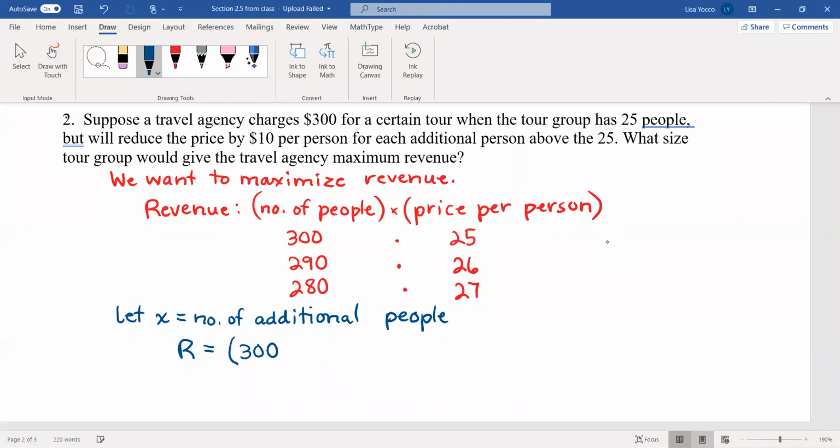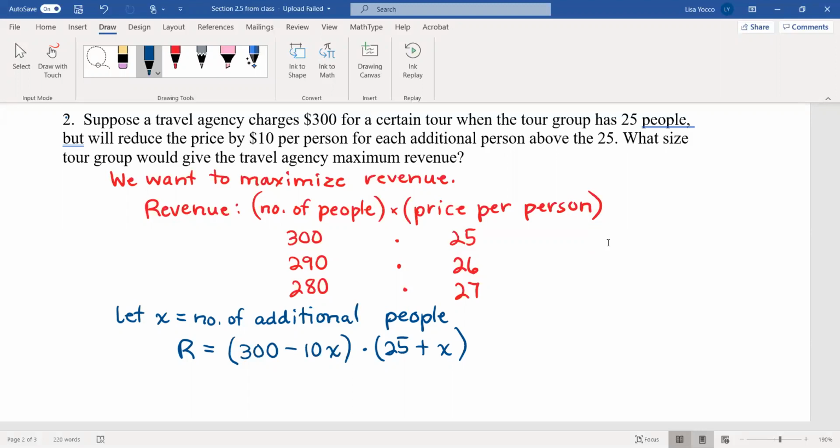So algebraically, this is how I would write that. The number of extra people times $10 for each one, subtracted from 300. And then we added X people to 25. All right. So that's algebraically how you would write that. Okay. So are you with me?